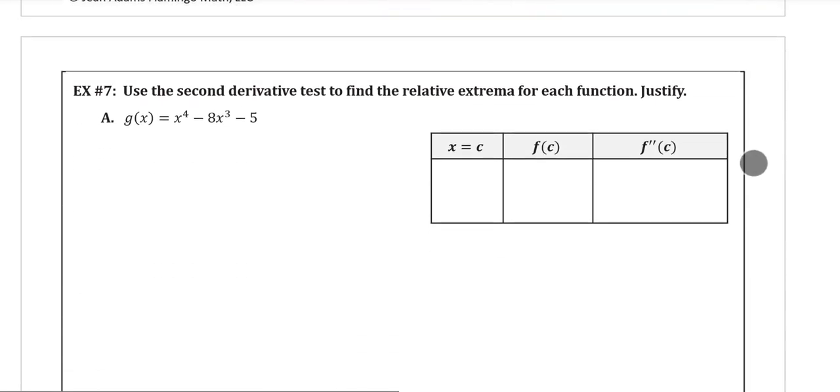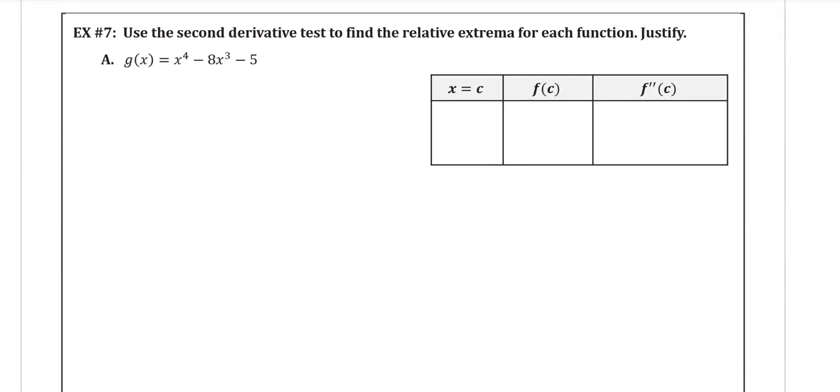All right, so example 7. Use a second derivative test to find the relative extrema of each function and justify your result. So we are going to start by taking our first derivative. So g prime of x is going to be 4x to the third minus 24x squared.